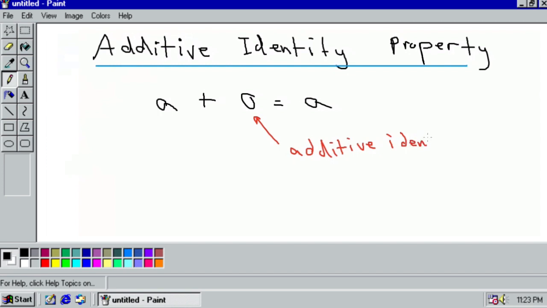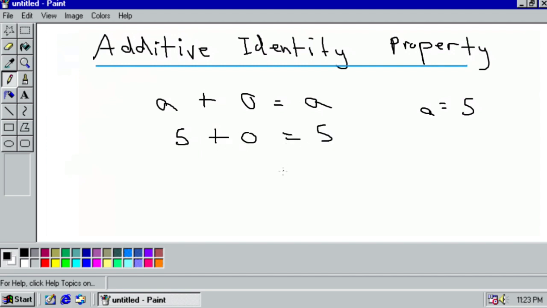Let's add a value so we can understand this property even better. Let's say our A is 5. So 5 plus 0 is 5. So this property really does work.